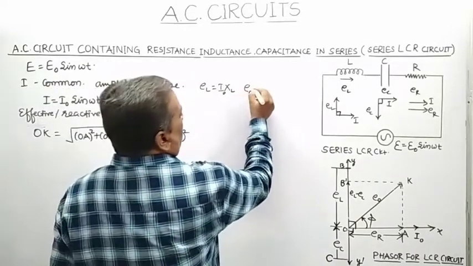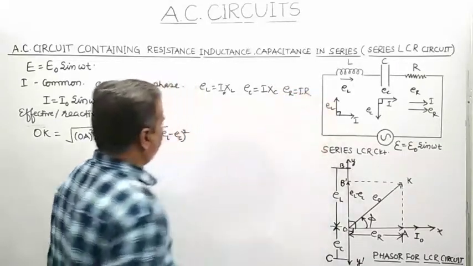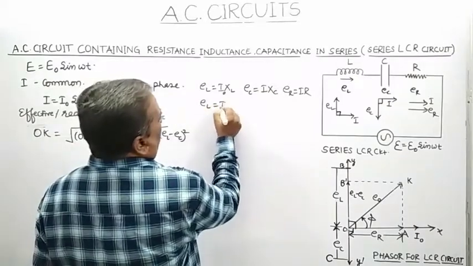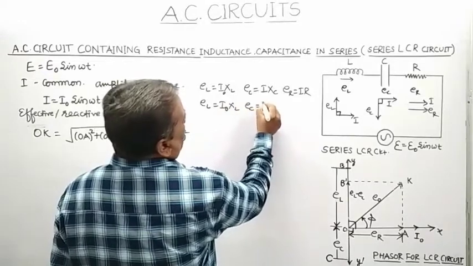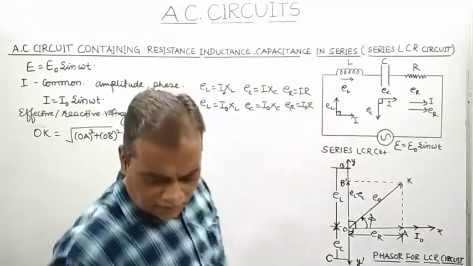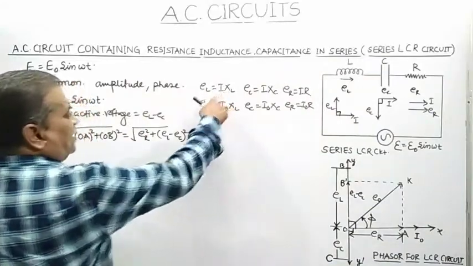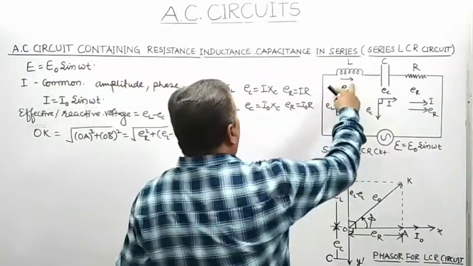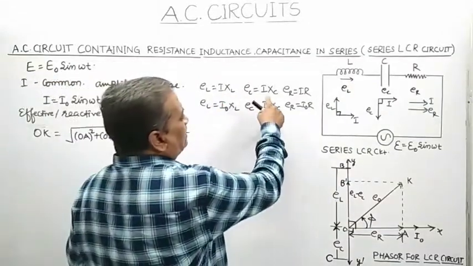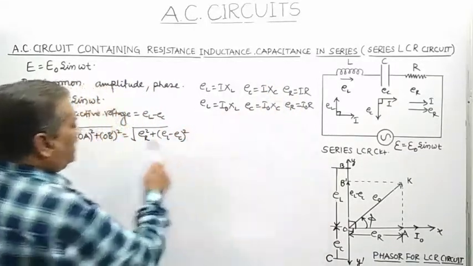EC is equal to IXC and ER is equal to I into R. Or you can write EL is equal to I0XL, EC is equal to I0XC and ER is equal to I0 into R. Either you can use this relation, voltage across inductor, EL is equal to IXL, EC is equal to IXC, ER is equal to IR. Now put this value of EL, EC and ER in this equation.